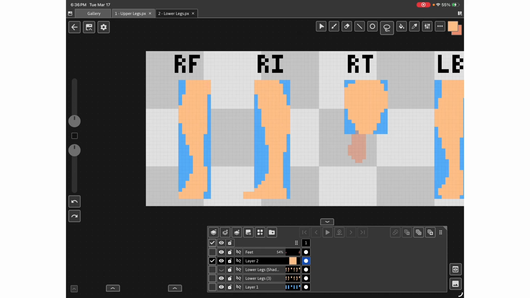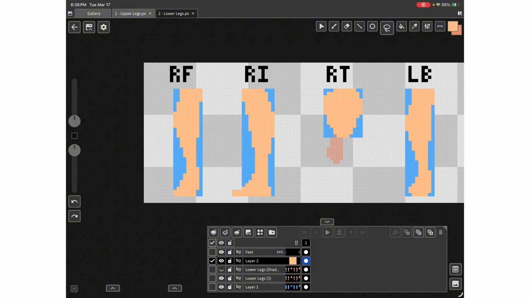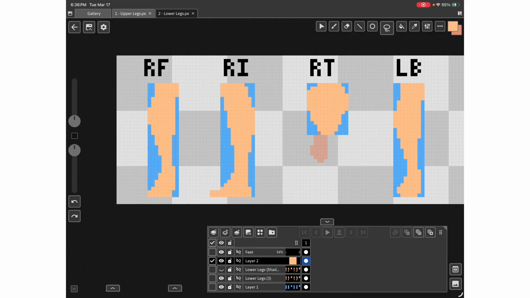Now we have the right inner lower leg. Okay, so this is the right inner lower leg. This is if the person is facing that away.